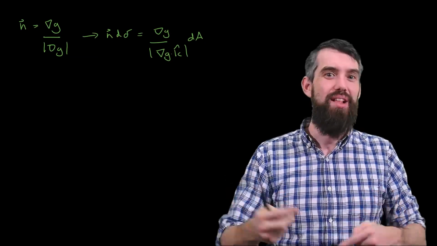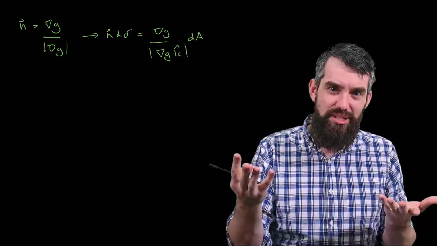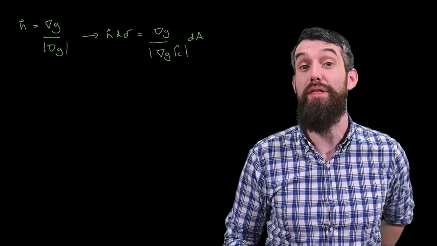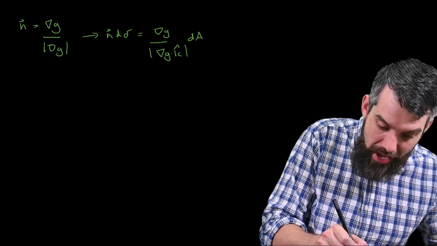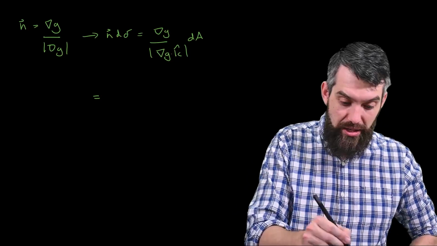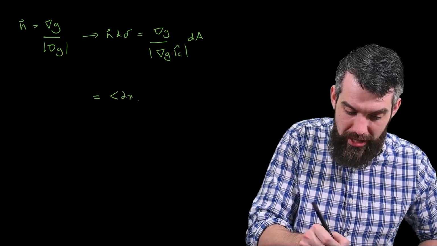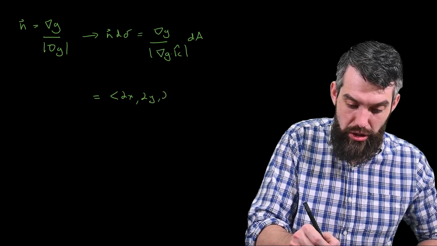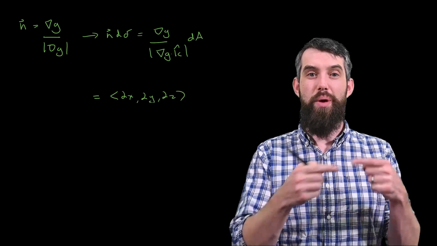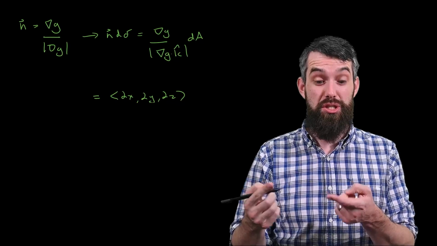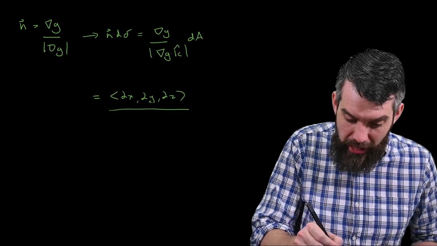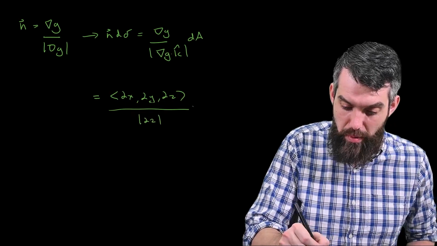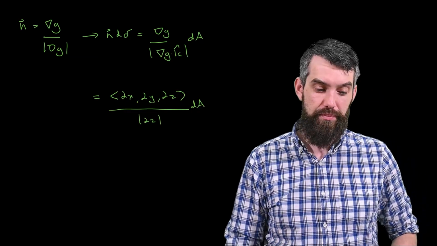We've seen that the length of the gradient of g just cancels in both cases. It's just easier to go to this formula directly. Okay, so let's actually do that computation then. The gradient of g is the vector 2x, 2y, and 2z. The gradient of g dotted with k hat is just the third component of this, in other words 2z. So I'll divide by 2z, and then I'll still multiply this by the dA.